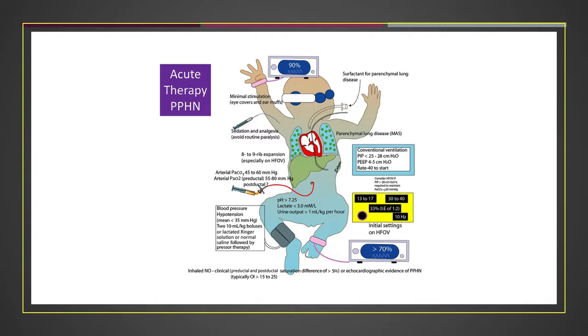So the artificial surfactant helps with that as well. And we're going to be doing, like I said, lots of blood gases and possibly nitric oxide and even possibly ECMO.